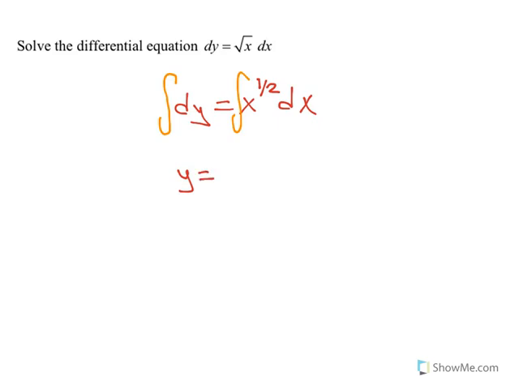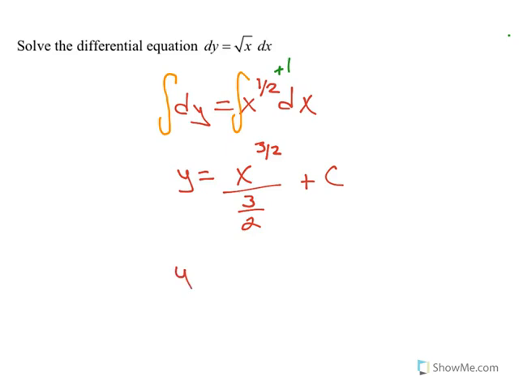And for this one, we're going to go up a power and divide by that power. So we're going to have to add 1 to our power. So if we have a half plus 1, that's going to be like adding 2 over 2. So that's going to be up to 3 halves. So up to 3 halves and divide by 3 halves. And then don't forget your constant of integration, so plus c.